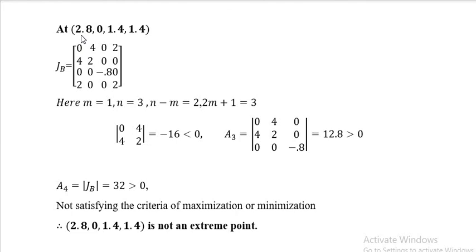At the last point 2.8, 0, 1.4, 1.4, find the Hessian matrix JB and find the principal minors, and we can see that it doesn't satisfy the criteria of maximization or minimization. So the point is not an extreme point.